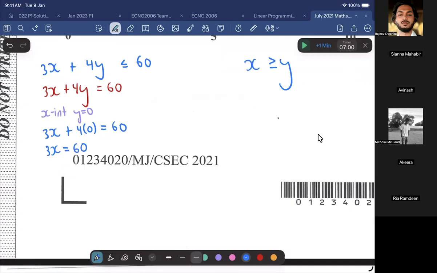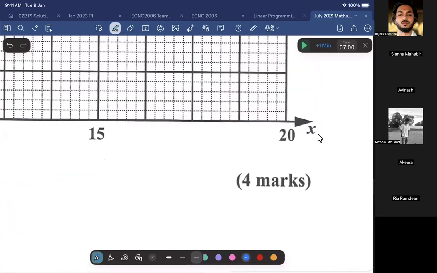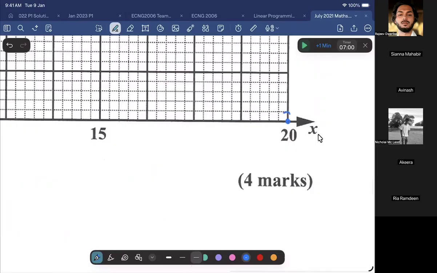You want to find for 1x, so we have to divide on both sides. So x is equal to? 20. So my line is cutting my x-axis at where? 20. So I'm going to put a dot at 20.